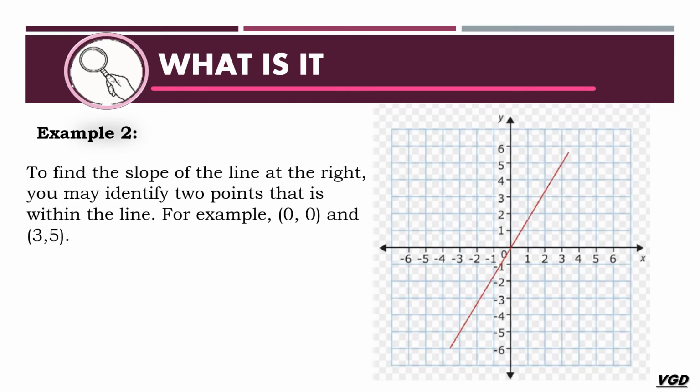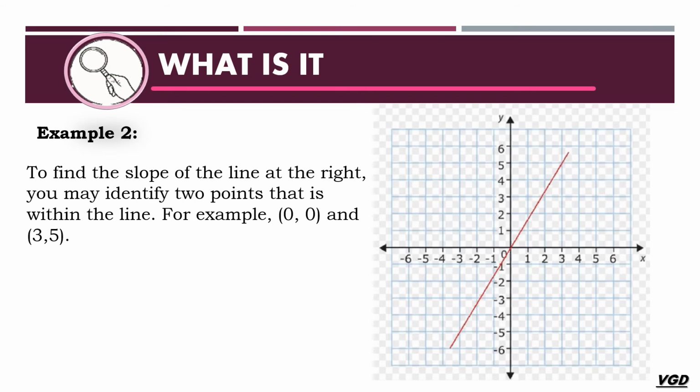And to find the slope of the line at the right graph, you may identify 2 points that are within the line. For example, (0, 0) or (3, 5), because we don't have any specific points of this line. We just have to get any of the points.